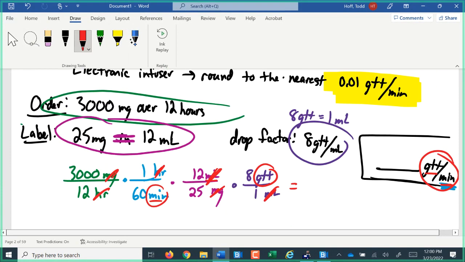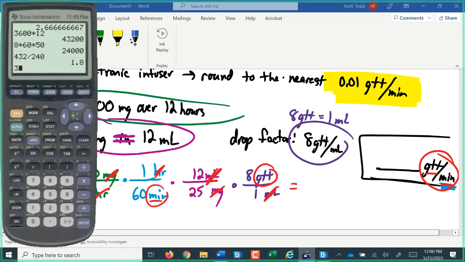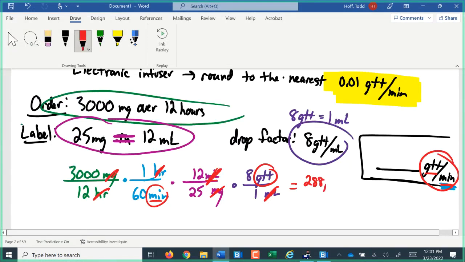So on top, 3,000 times 1 times 12 times 8 drops gives us 288,000 drops. Over on bottom, we got 12 times 60 times 25 minutes.